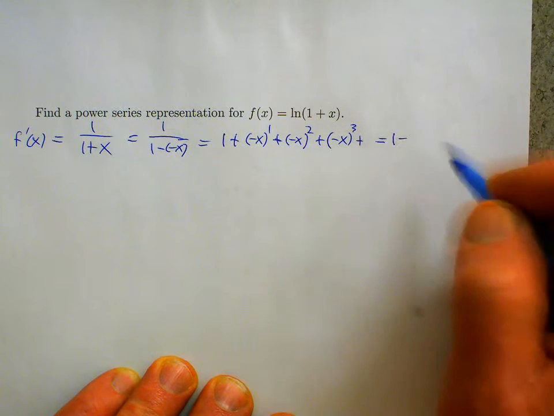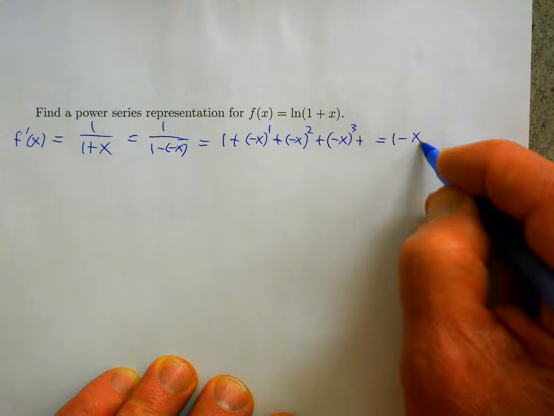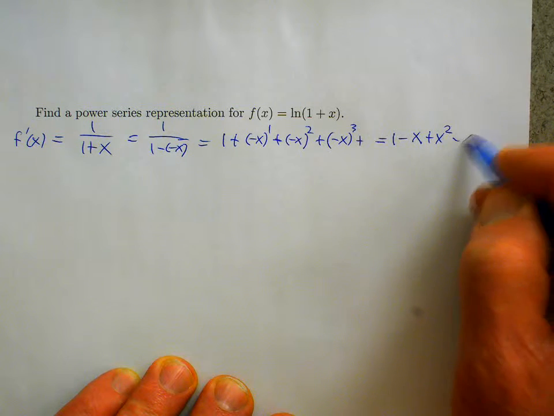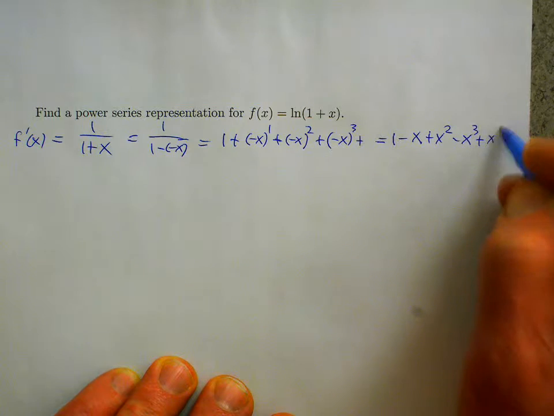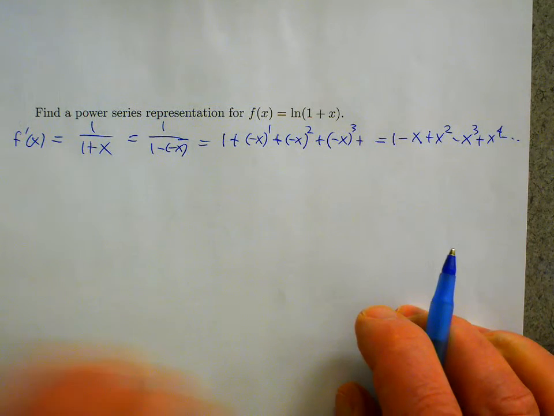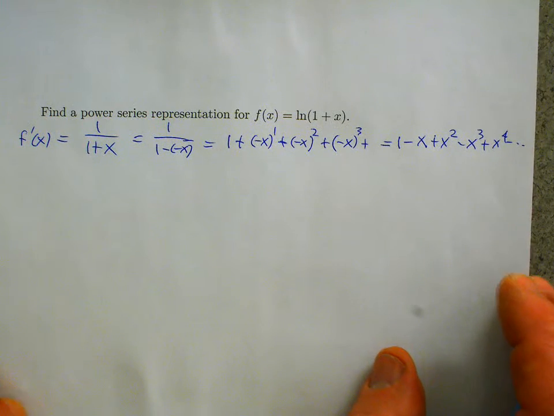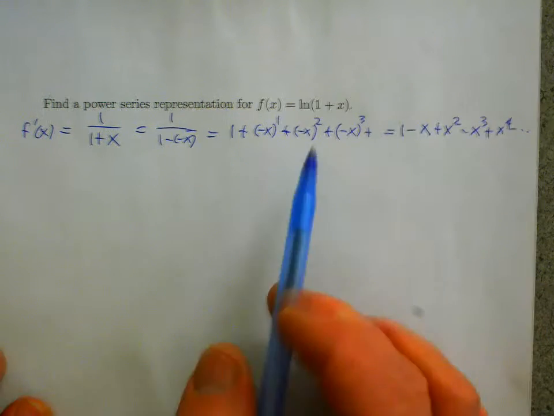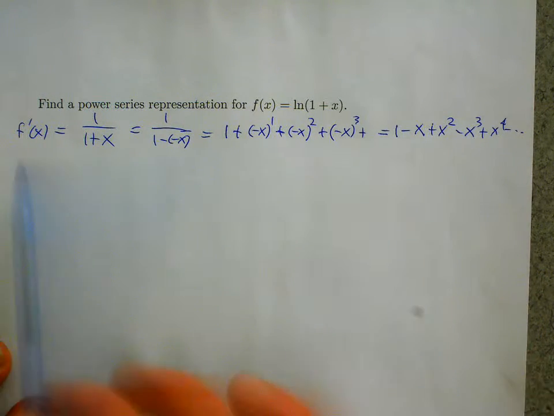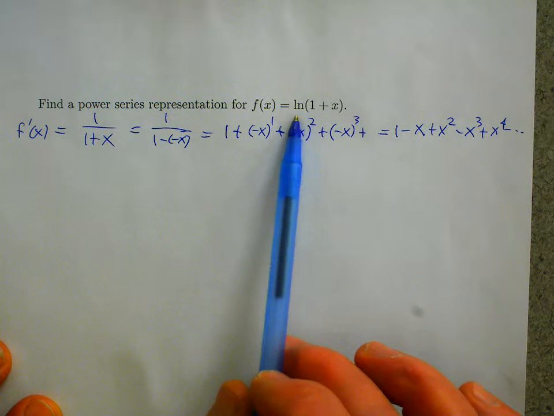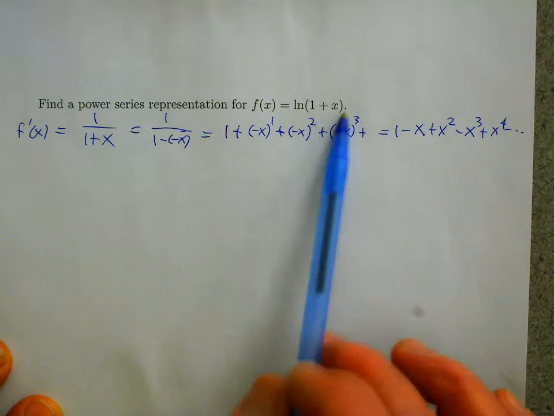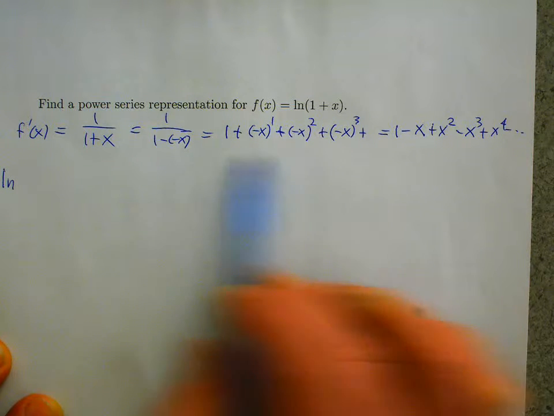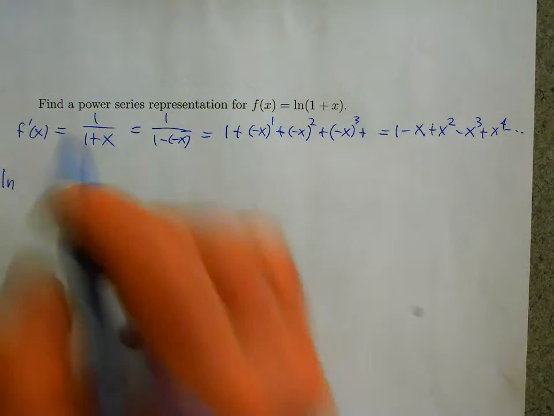So we get an alternating series, 1 minus x plus x squared minus x to the third plus x to the fourth, and so on. And do we just integrate those terms? Yeah, now to find the power series for the natural log of 1 plus x, we just compute the integral of this.